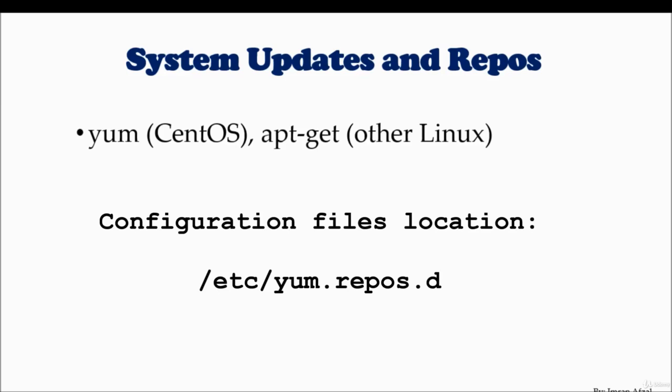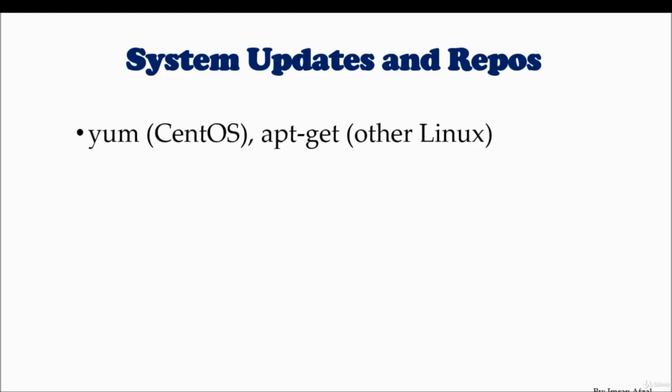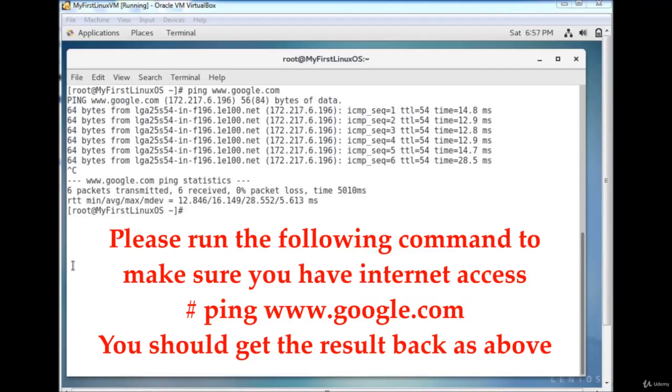Those repositories, those configuration files, have the URL link for repositories. So when you run yum, it's telling the system, go online with this URL and get the package that I'm asking you to install. So in other words, yum does need internet access to go online and install a package to your system.